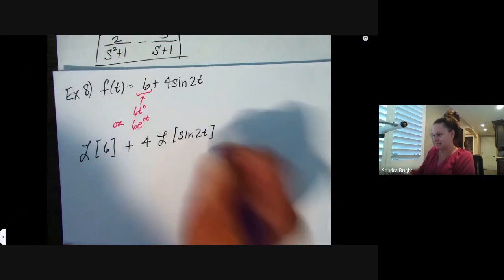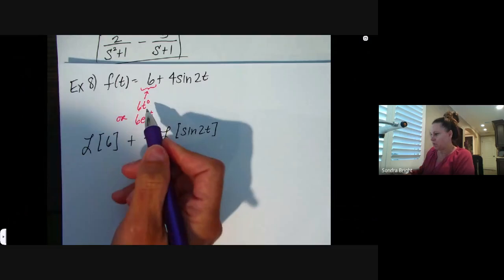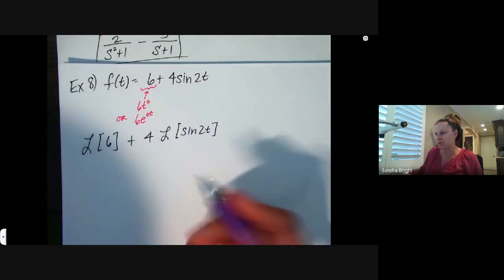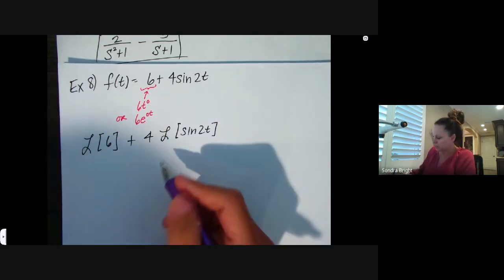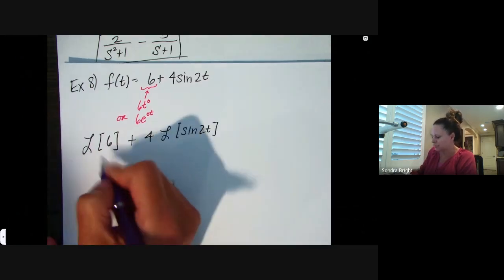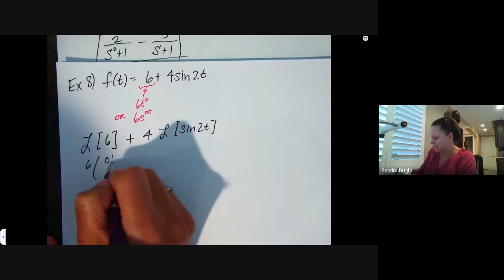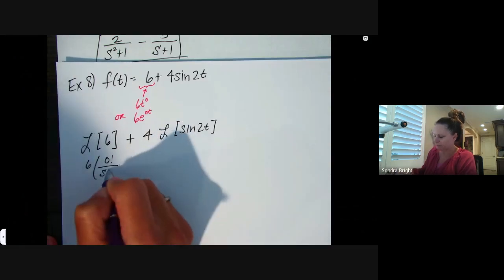This is like 6t to the 0. Remember, 0 factorial is 1, so you end up with 6 over s. If I do it as t to the 0, then it's 0 factorial over s to the 0 plus 1.